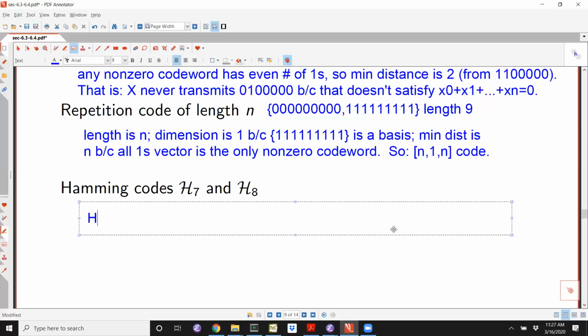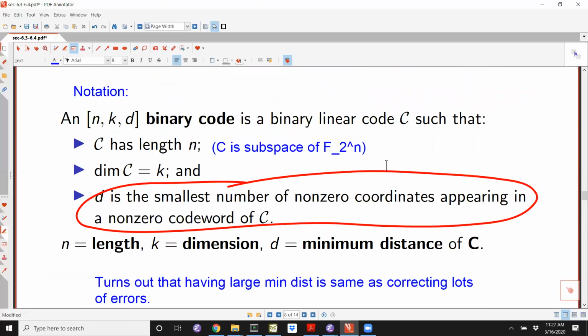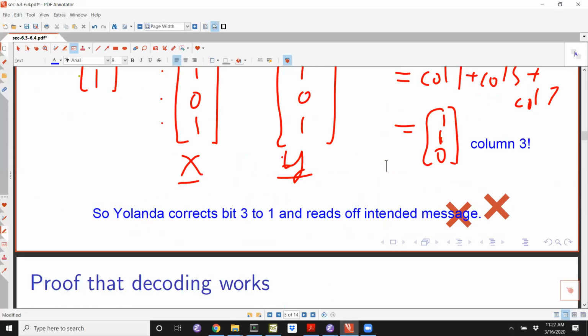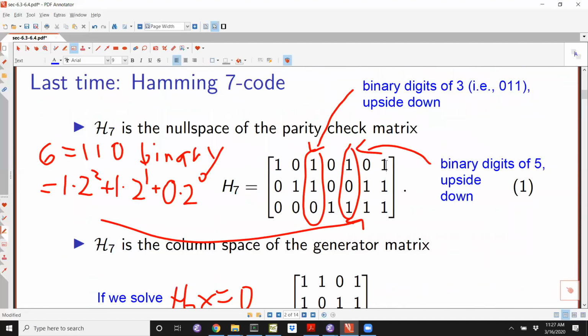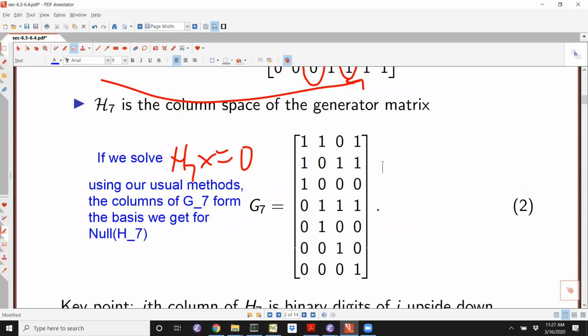Okay, so H7 has length 7 and dimension 4, as we saw before. And how do we know that H7 is dimension 4? Well, I just sort of asserted it to you, but we know that the Hamming 7 has dimension 4 because of exactly what's happening over here.